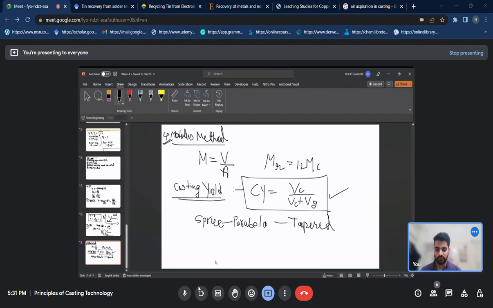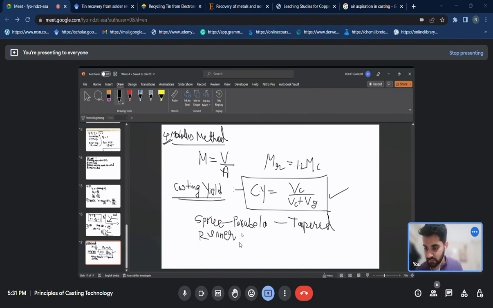And if you talk about the runner, trapezoidal cross section has minimum frictional head loss, but circular cross section is best for minimum heat transfer, so it is preferred. Okay. So I think I have discussed the majority of the things. In the next class, we will be doing problems on Keynes method and the other three methods.